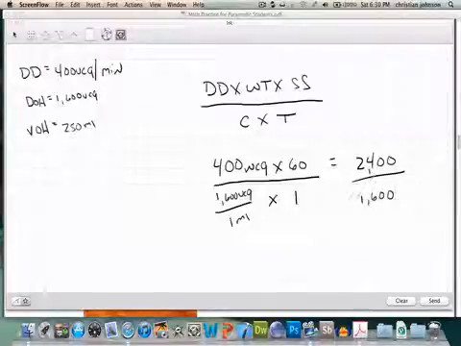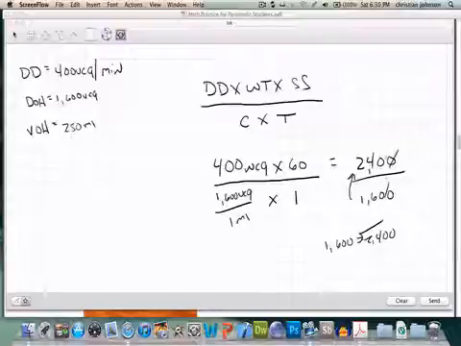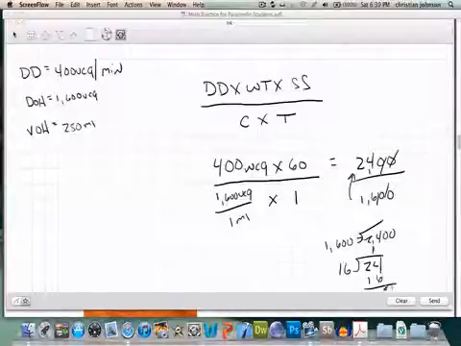Now we just have to do the division. 1,600 divided into 24,000, or I could just take my zeros out. It makes my division a lot easier. That'll go in 1 times 6, 8. That drops down.